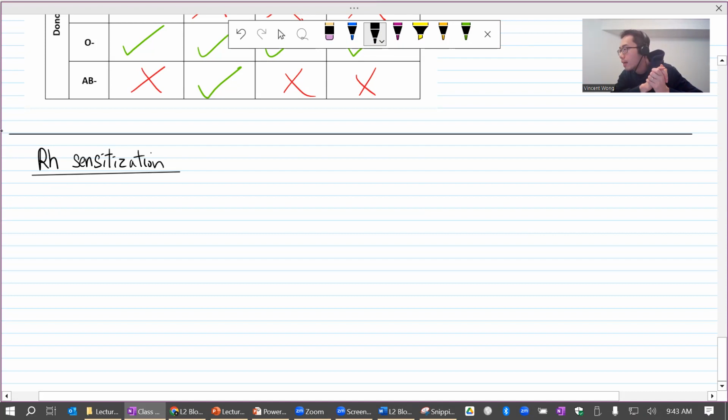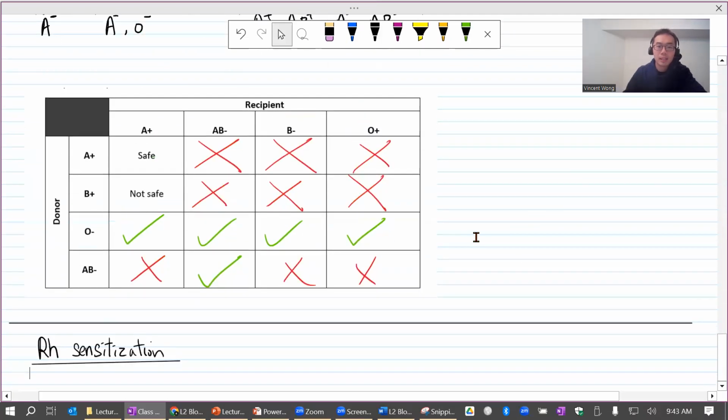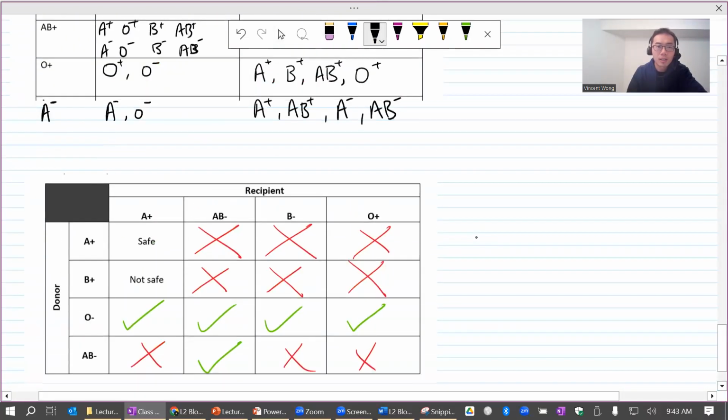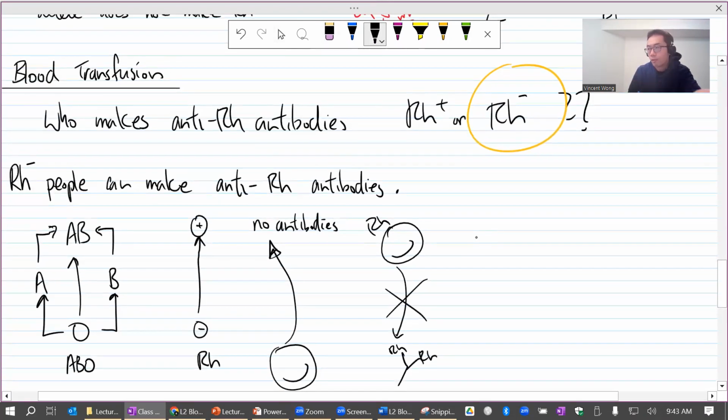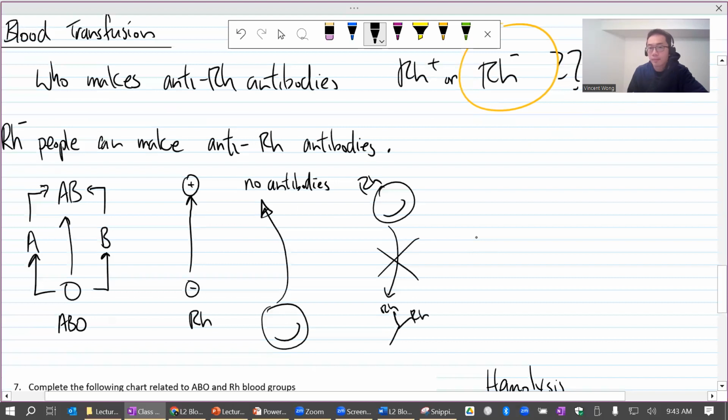O negative can be given to anyone, but not O positive? No, negative can give to positive. If you are negative, look at here. Negative can be given to positive. Because when you're Rh negative, there is nothing on your red cells. And then when you go over, there's no antibody to attack anything, right? That's why it's okay. Is that okay?